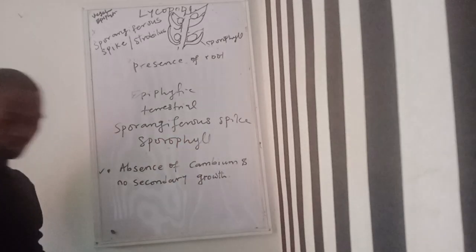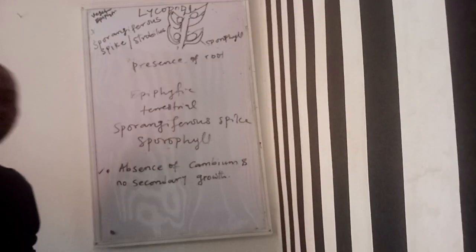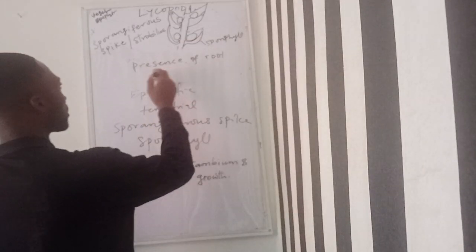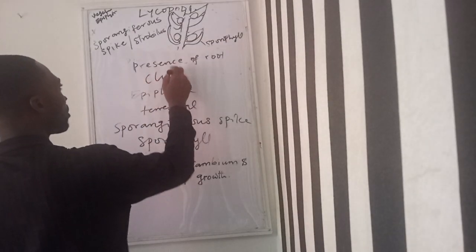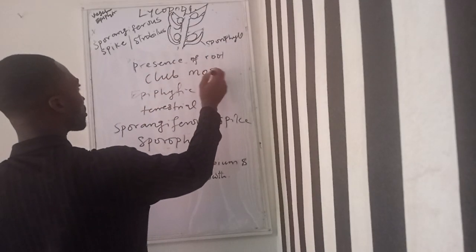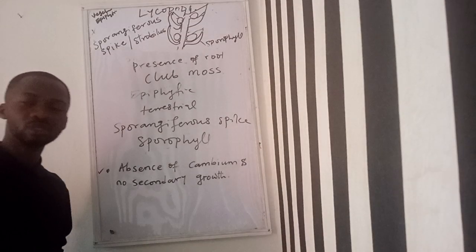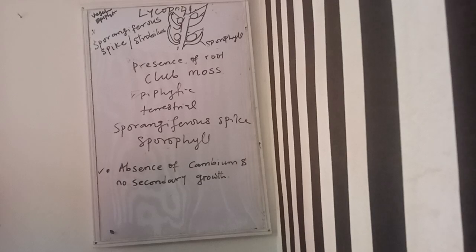Lycopodium is commonly called the club moss. That is the common name. They grow as epiphytes on the top of hills. That is where you see them.